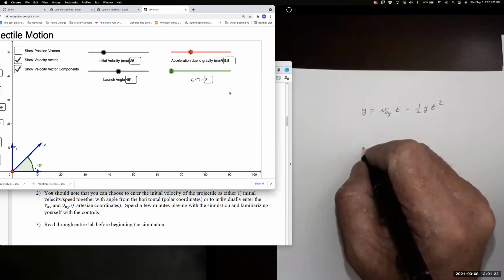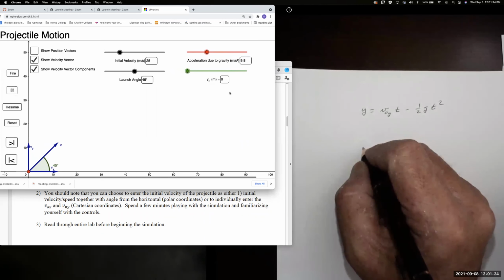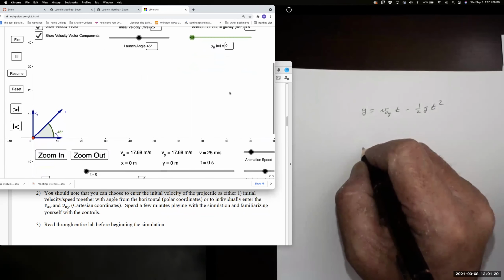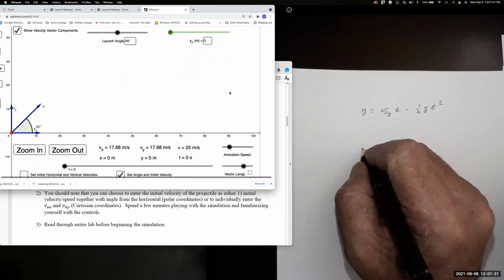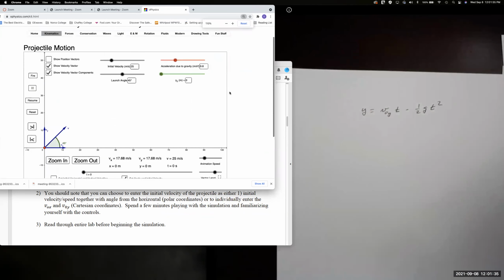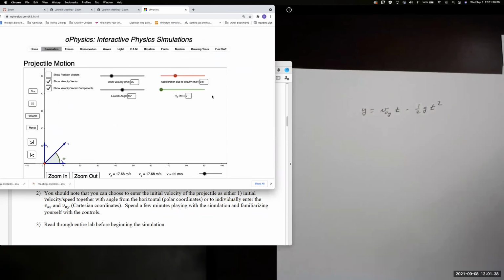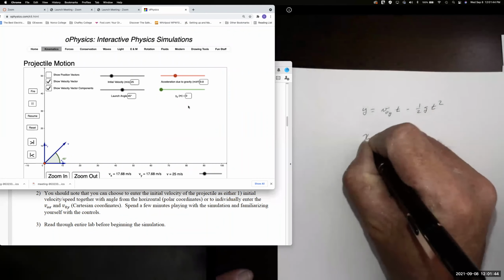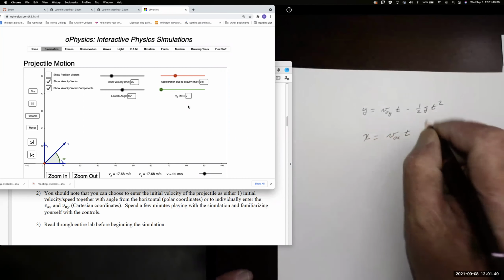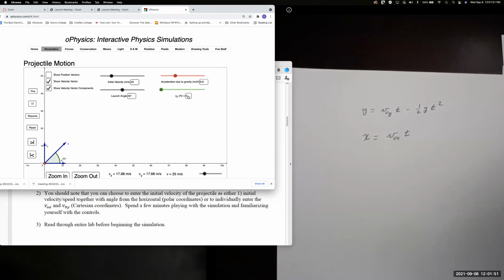There may be a place to put in a Y0. Hang on one second. So I can put in Y0 and move it up, and I can only leave X0 as 0. But for X, we're just going to leave it at 0, and it's V0X times t. So don't adjust your Y0. Don't go making it higher.